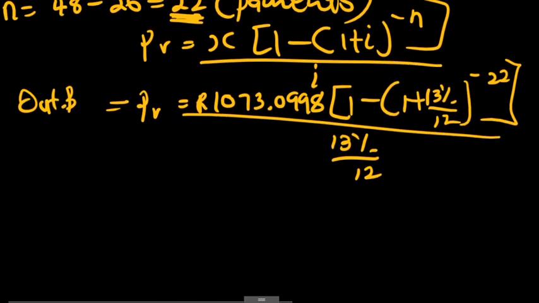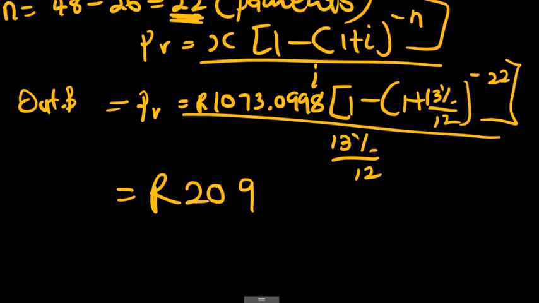What would be the outstanding balance for this? I'm just punching it out, and I'm getting 20,905. So I hope you got something like this.